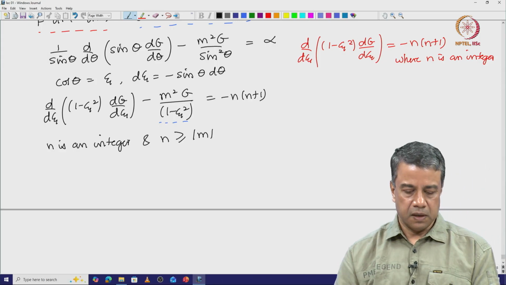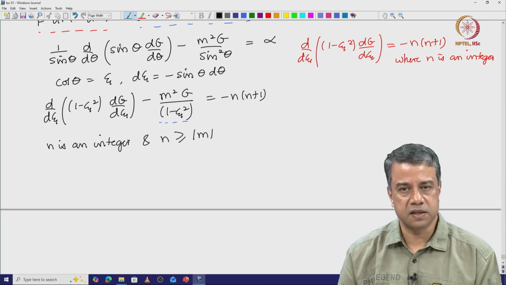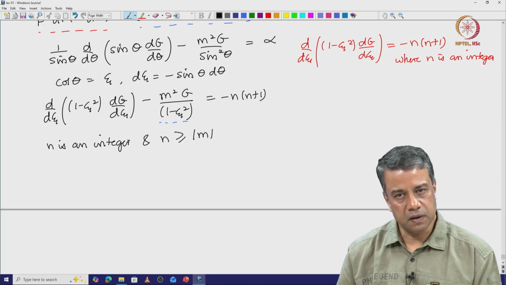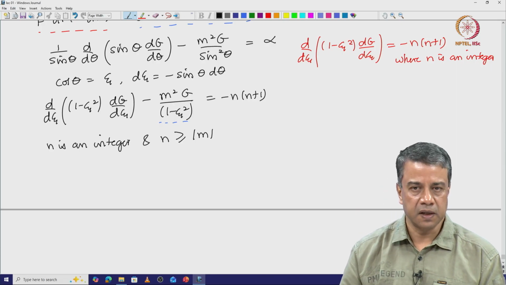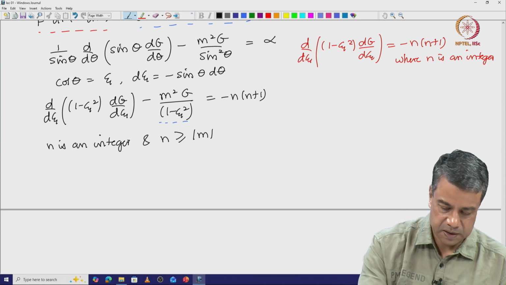Note that m goes from minus infinity to plus infinity. It can have any integer value. For any integer value of m, if you go around by an angle 2 pi, you will come to the same point in space.